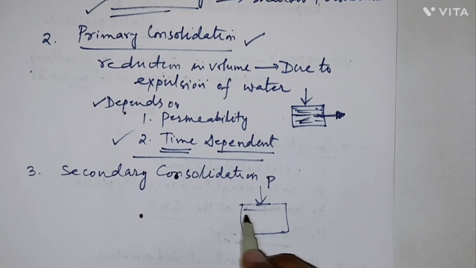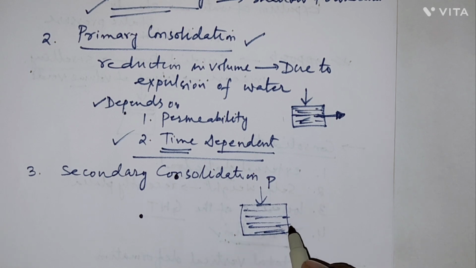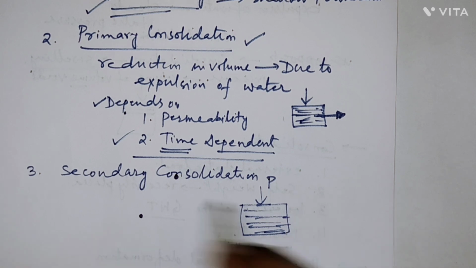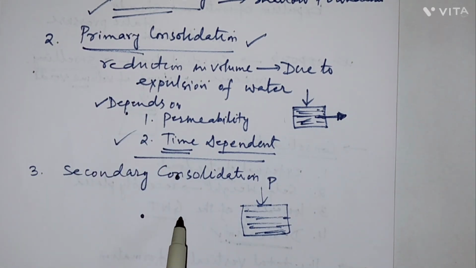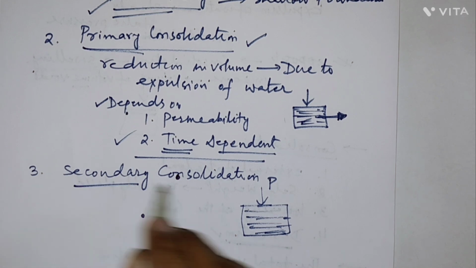Water is expelled from the voids. When all the water is squeezed out of the voids and primary consolidation is already completed, further reduction in volume of soil is called secondary consolidation.